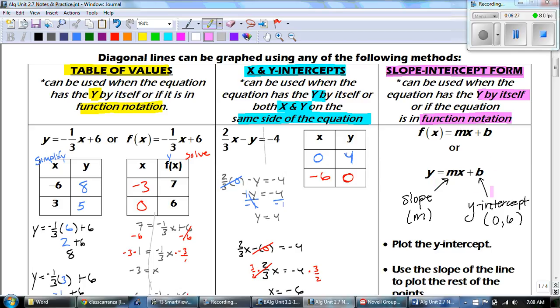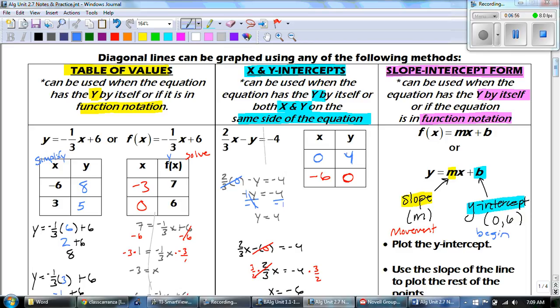The m and the b mean the same thing no matter which form it's in. m is our slope. You'll hear us say that it is our movement. It tells us what to do. Where b, the y-intercept, is a point. It's (0, 6). It's where we begin.